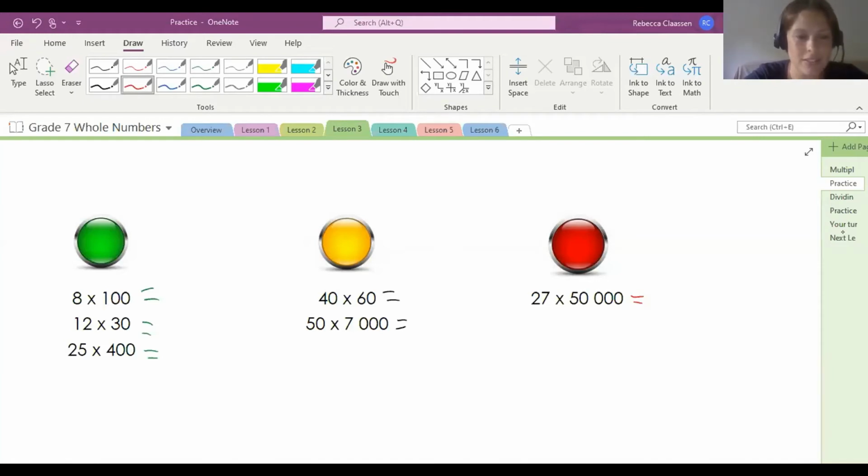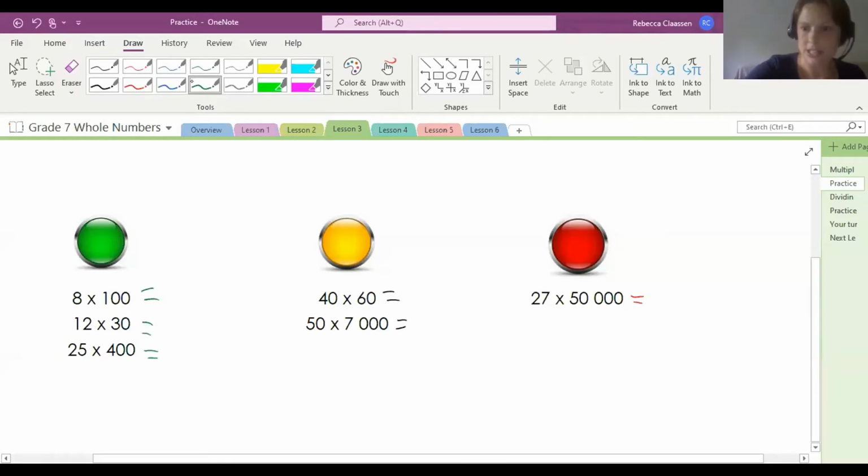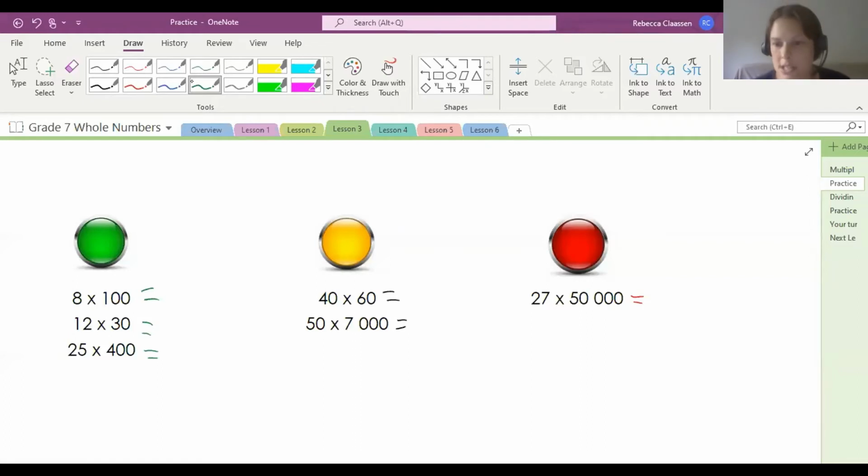Well done. Okay, so let's have a look at the green ones to start with. Right, so 8 times 100. 800.